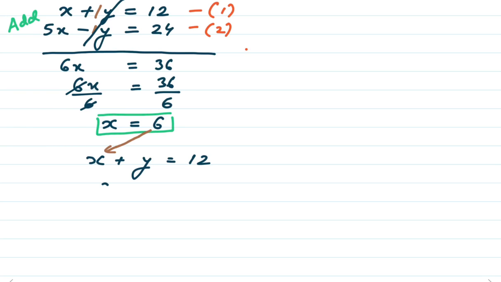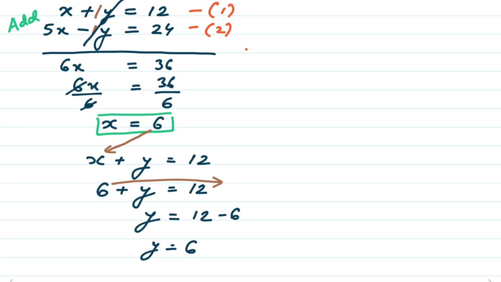So this will be 6 plus y equal to 12. Take 6 to the other side of the equation and you get y equals 12 minus 6. So your y is equal to 6.